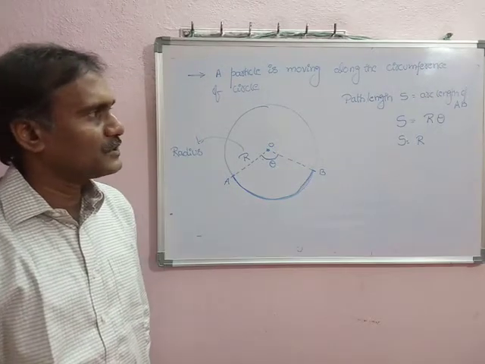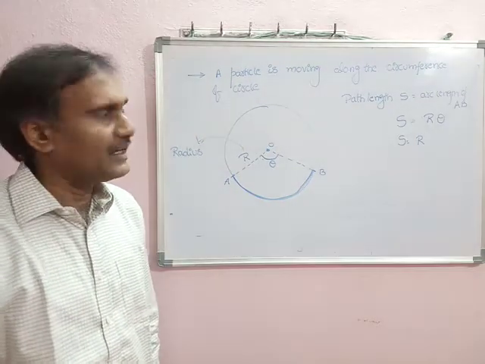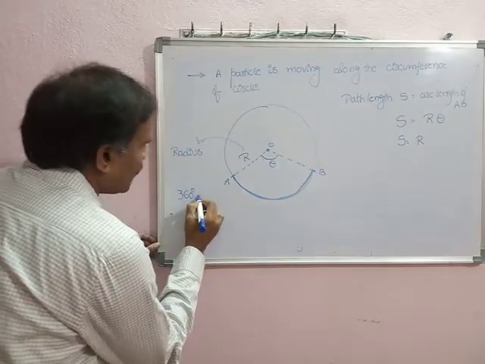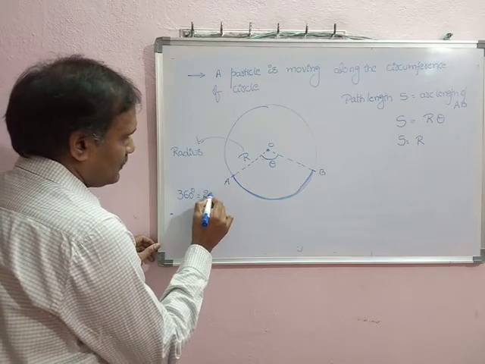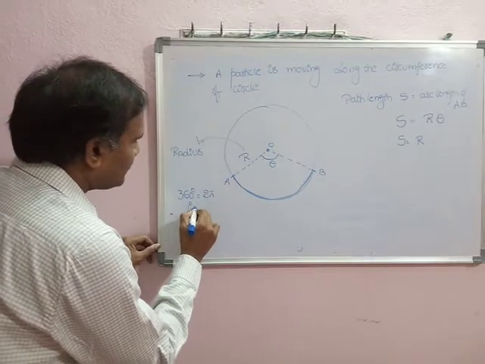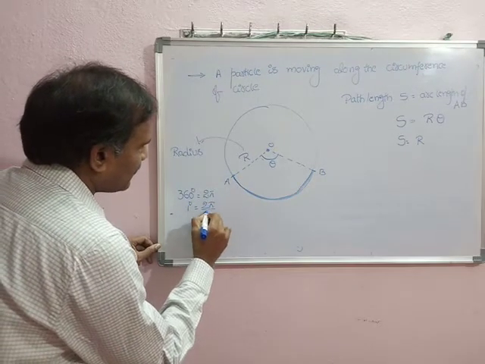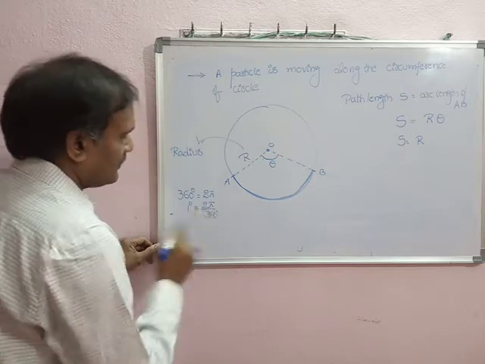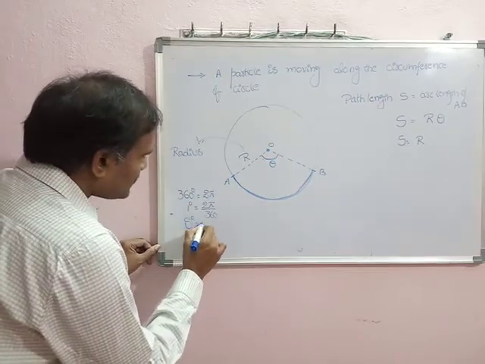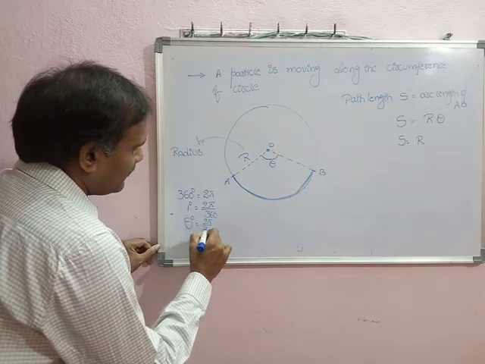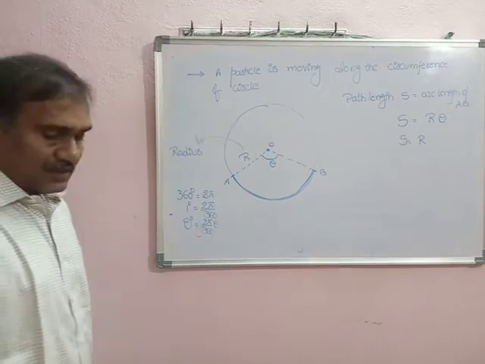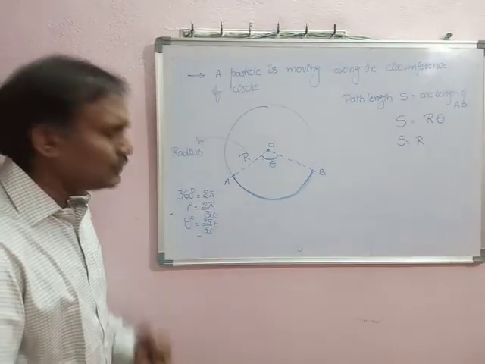How will we substitute it? 360 degrees is equal to how many radians? 2 pi radians. Therefore, 1 degree is equal to 2 pi by 360, and theta degrees is equal to 2 pi by 360 into theta. Remember that.